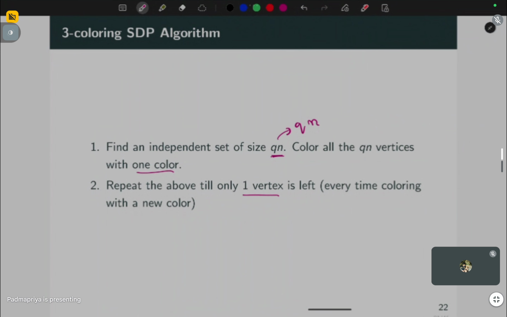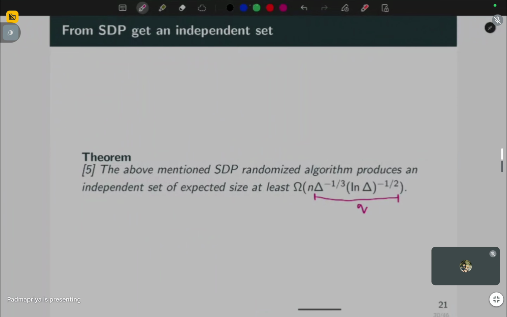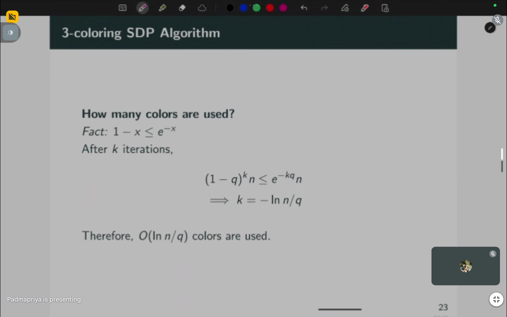Now, how many colors does this algorithm use to color? That's the next question. Every time this algorithm is returning qn many vertices. So after one iteration, we have n minus qn many vertices left. So this is like 1 minus q times n.